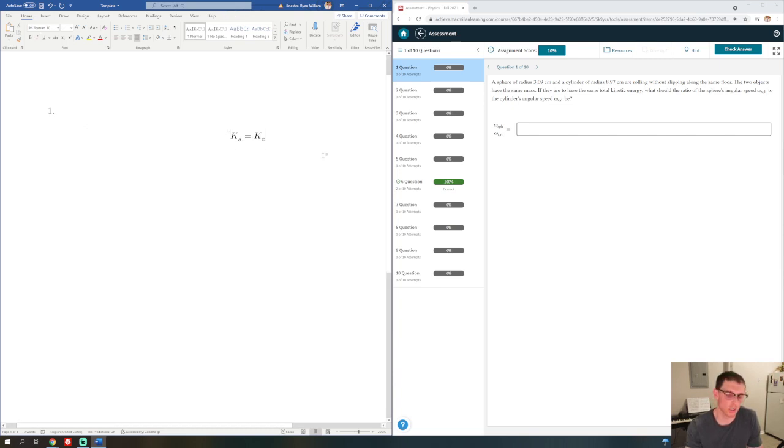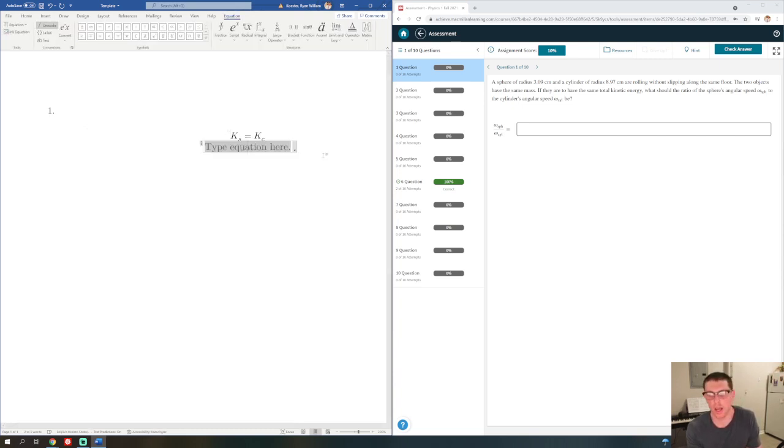So what this ends up looking like is, they have the same mass, so we'll just call that M. They're going to have their translational kinetic energy, except the thing is that they won't have the same translational velocity.